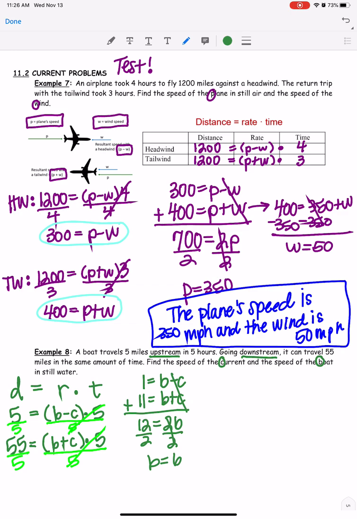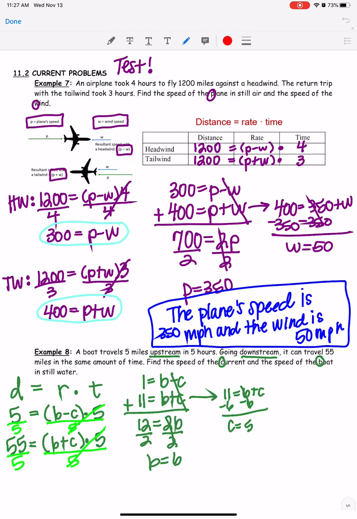So now plug that in. I'm going to plug this into one that has everything positive. So I've got 11 equals 6 plus C. We're going to subtract over our 6 to get C equals 5.